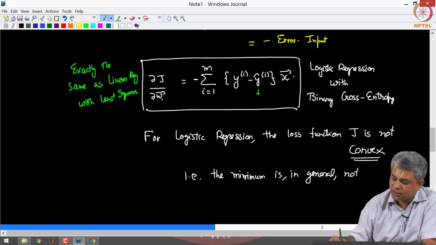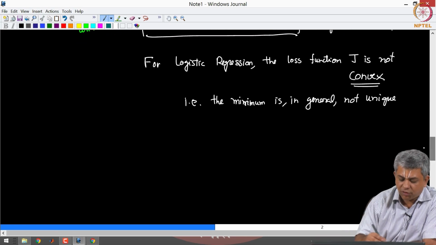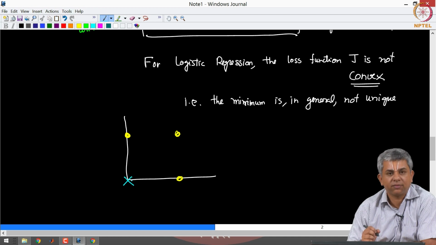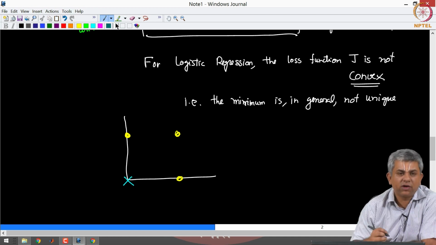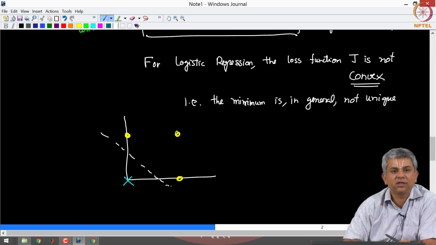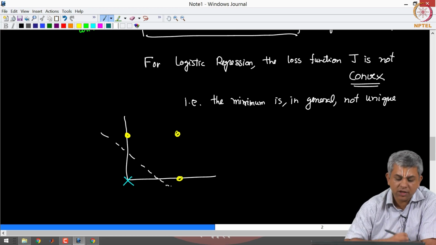We can understand this kind of intuitively too. For example, we were trying to classify this set. Now, notice when we were doing the OR gate, we chose one line which was like this, but there is no reason to choose only this line.